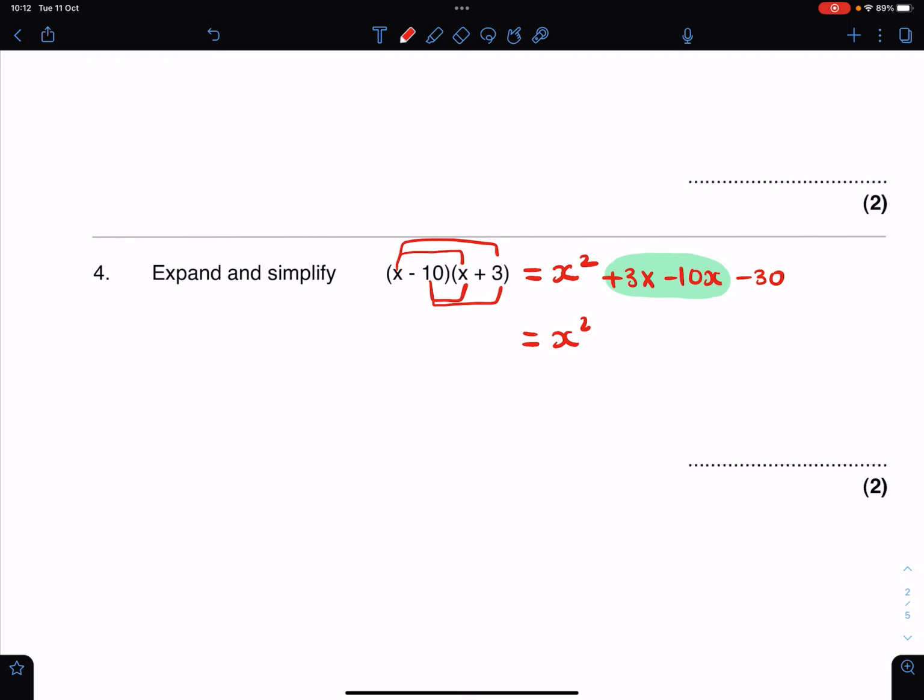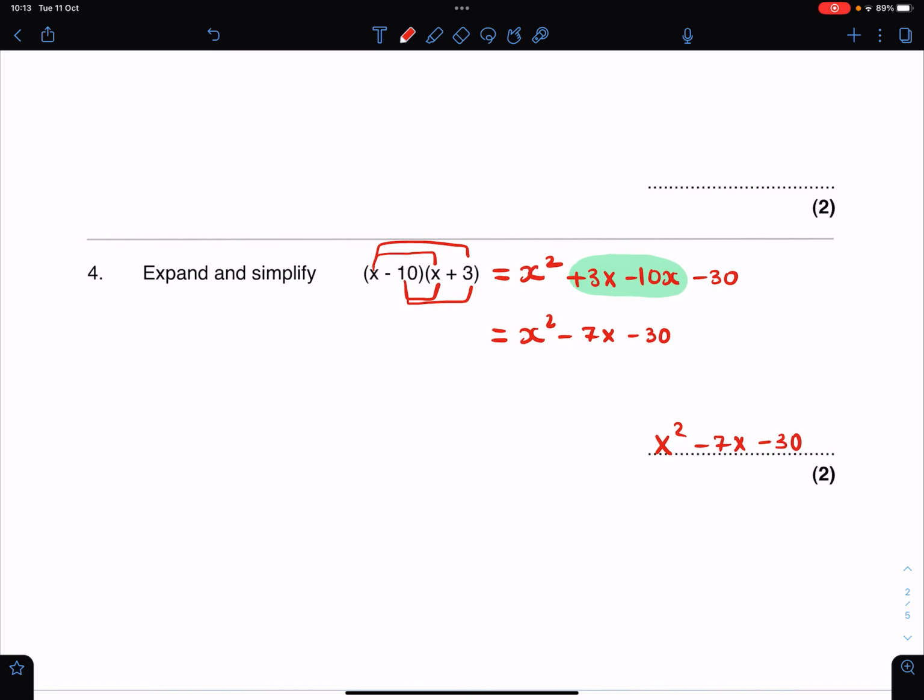What is the answer for 3x minus 10x? Negative 7x. Perfect, negative 7x, but minus 30. So it's going to be x squared minus 7x minus 30.